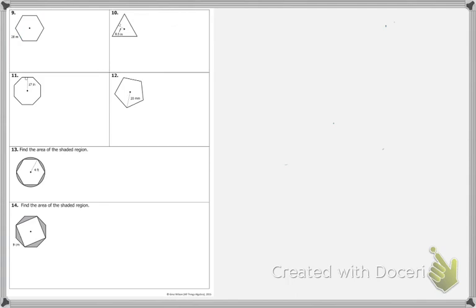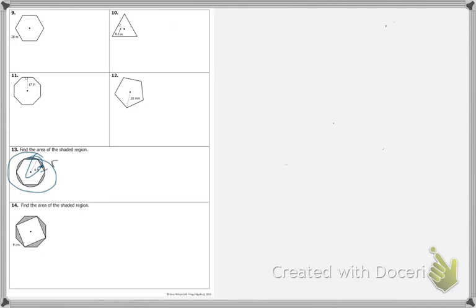Last question I got was on 13. This is similar to 11.3. I need to get the big circle first. The area of the big circle shouldn't be too hard because I'm already given the radius.